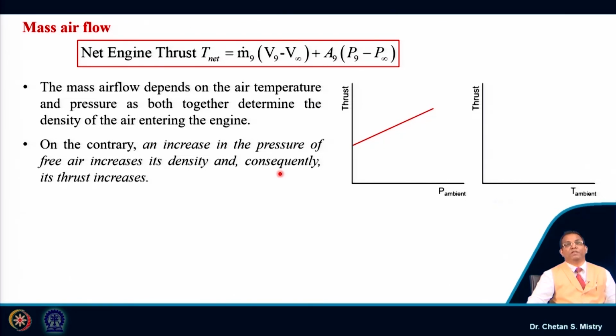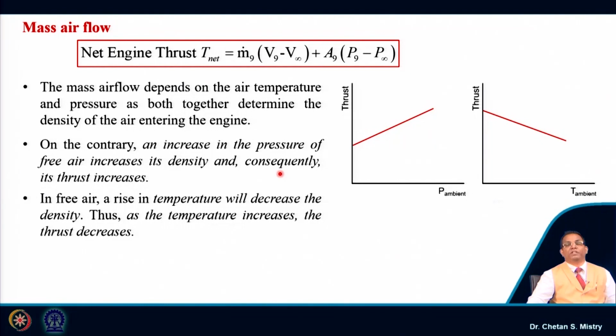At the same time, if you look at the temperature, we know my temperature and pressure vary in a systematic way. If my temperature is increasing, that will lead to a decrease in my density, and that is how my mass flow rate varies.